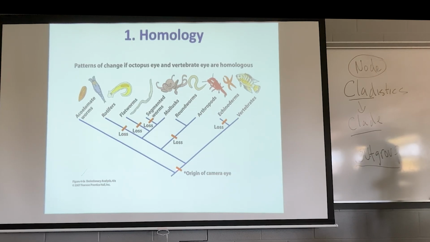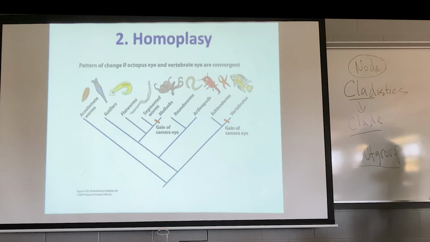So when you look at the two trees, this is the homologous tree hypothesis. Here's where the camera eye arose. And look at all the groups that would have had to have lost it in order for it to be homologous. It's like 6 different times, right? Throughout the history or evolution of animals, would you have to have lost the camera eye? Now that's a possible hypothesis, right? Homoplasy means that you gained it twice. So 6 versus 2 differences.